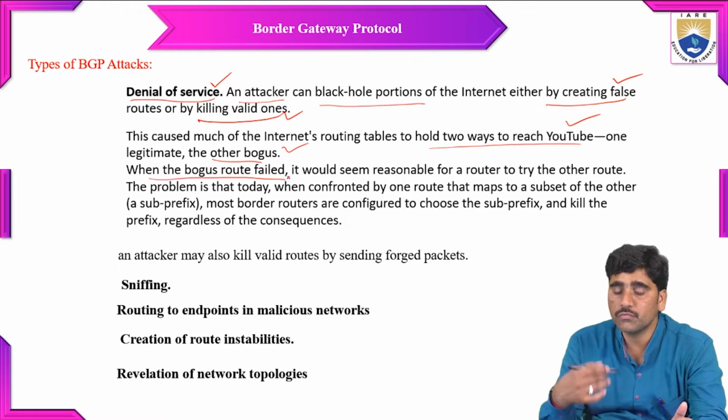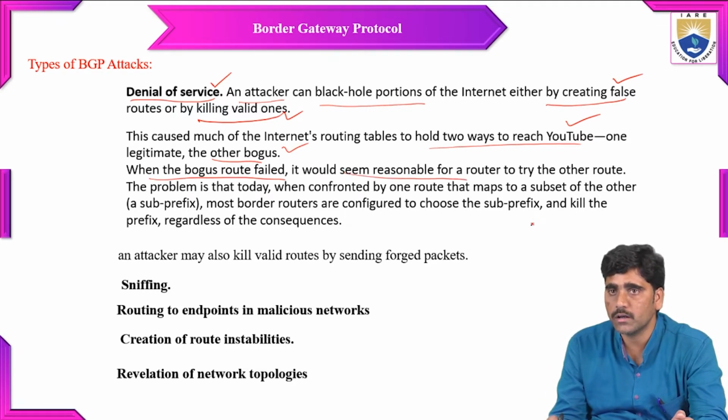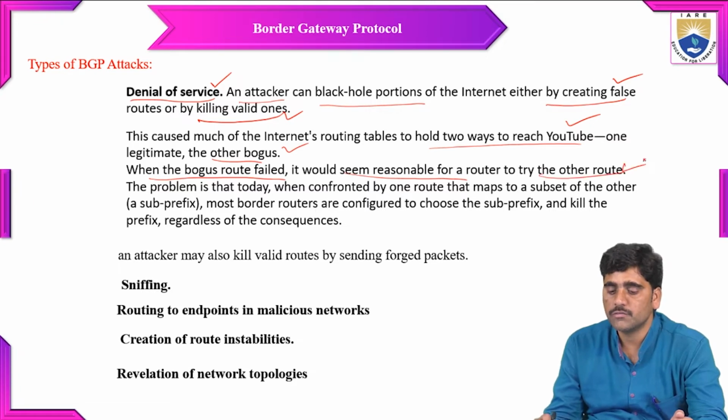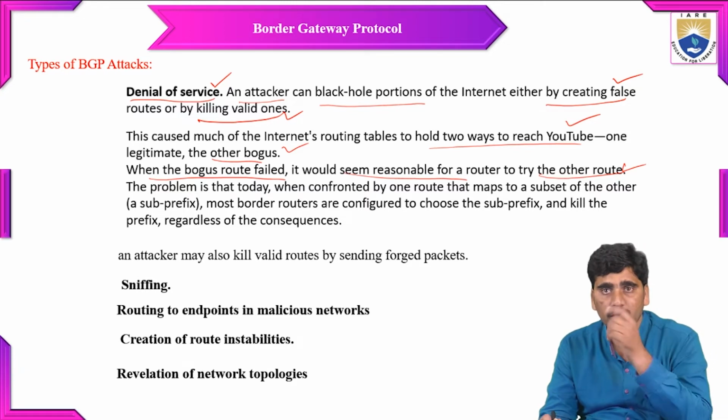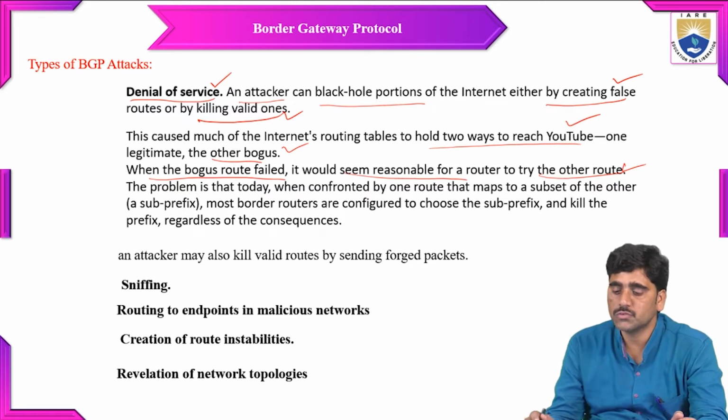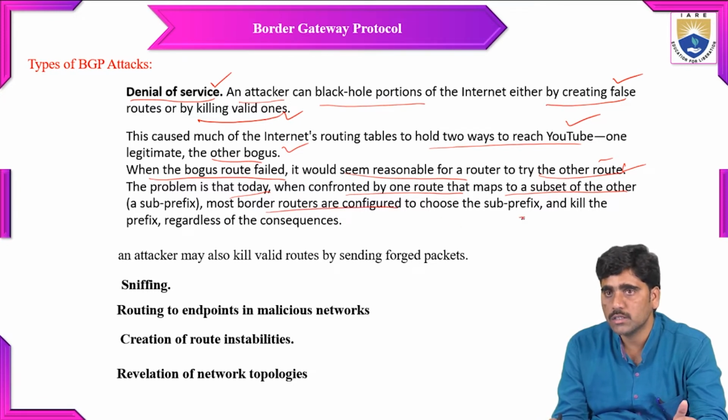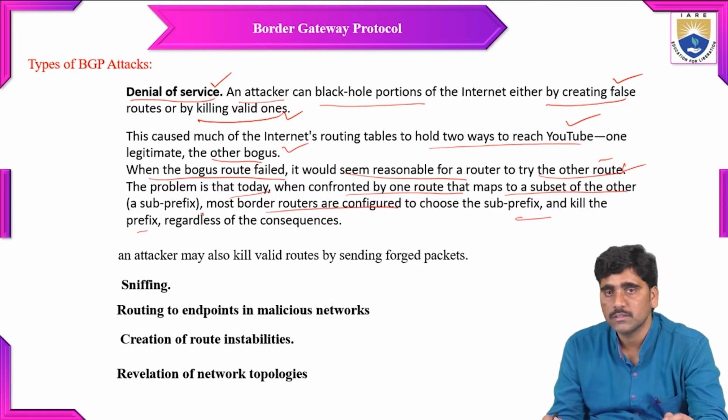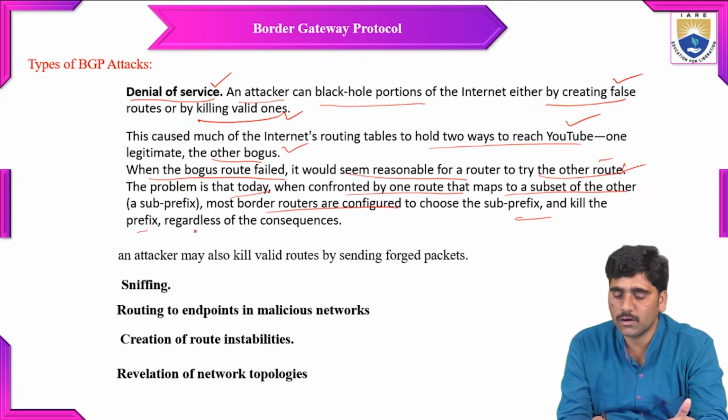So when the bogus route failed, it would seem reasonable for a router to try the other route. The problem is that today when confronted by one route that maps to a subset of another route, most border routers are configured to choose the sub-prefix and kill the prefix, regardless of the consequences.